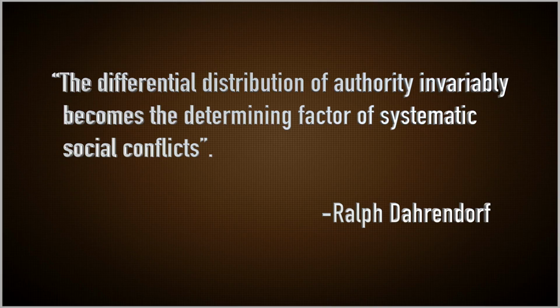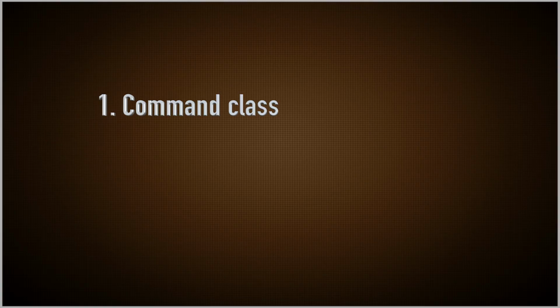Dahrendorf's thesis was that the differential distribution of authority invariably becomes the determining factor of systematic social conflicts. He makes a broad division between the command class and obey class, and class conflict would then refer to the conflict between those with authority and those without authority.